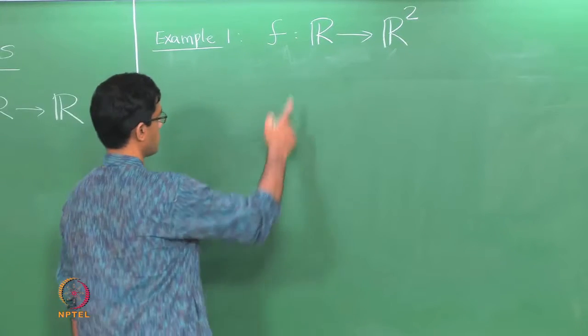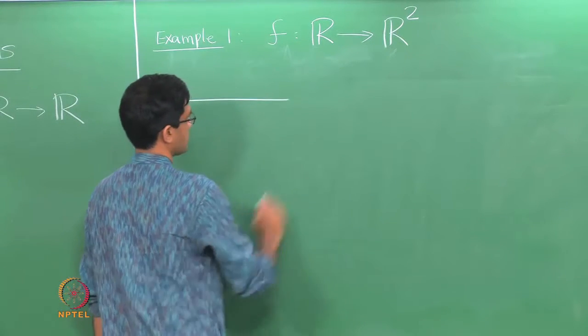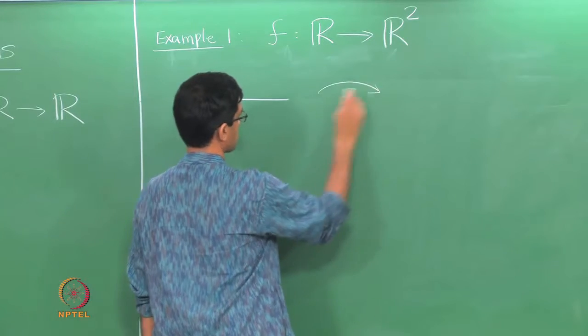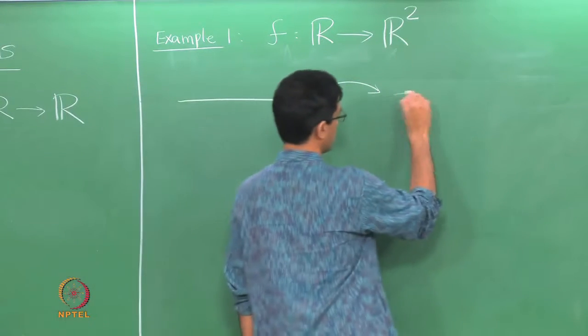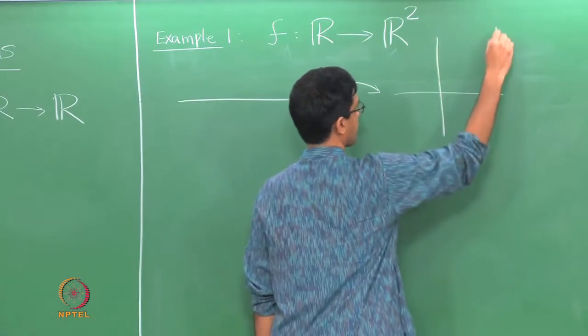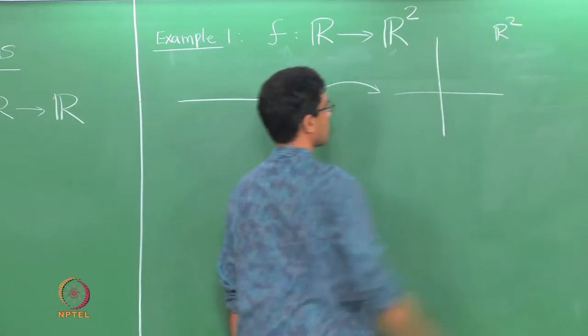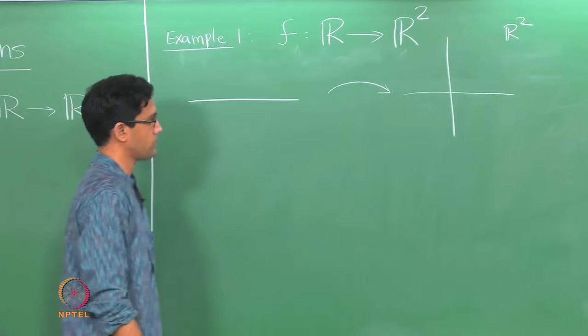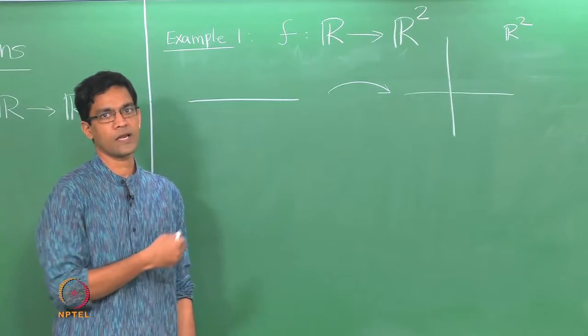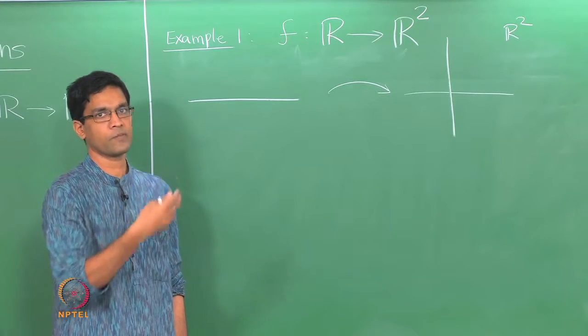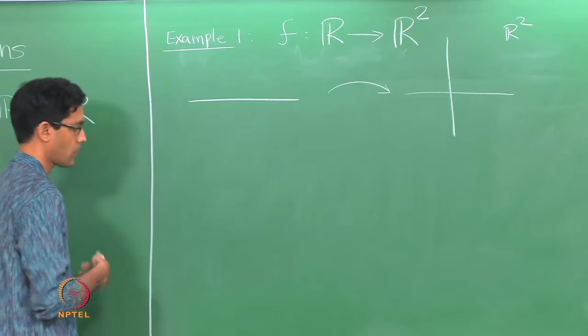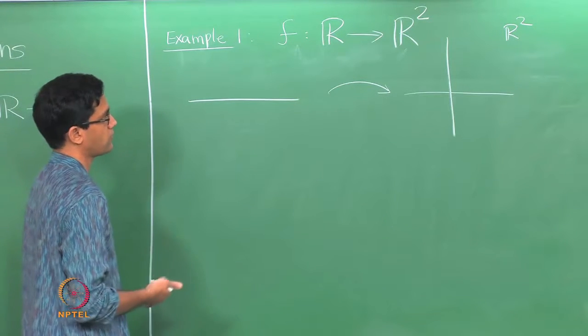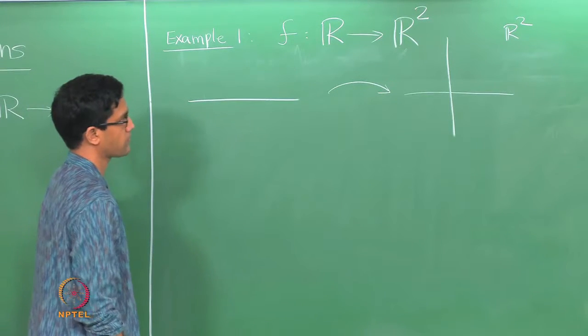R of course is just the real line, and so this function maps each point in this real line to a point on the plane, which we usually denote R2. Now the question is, how do you form a mental picture of this function, or how do you draw a picture which gives you some idea of how the function behaves?